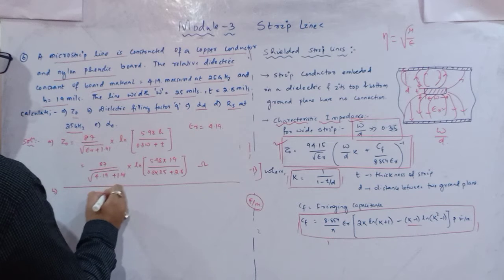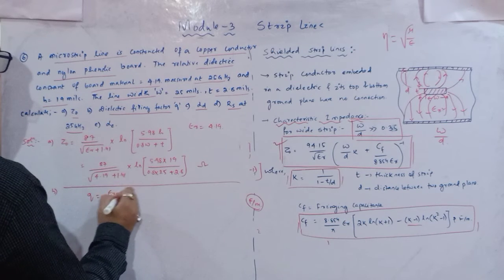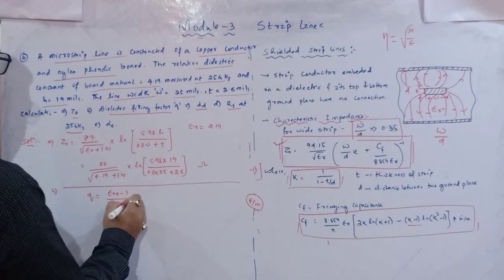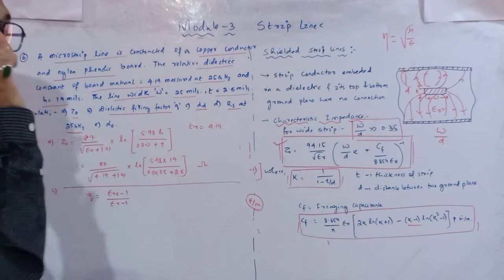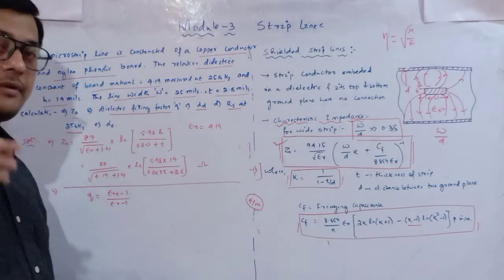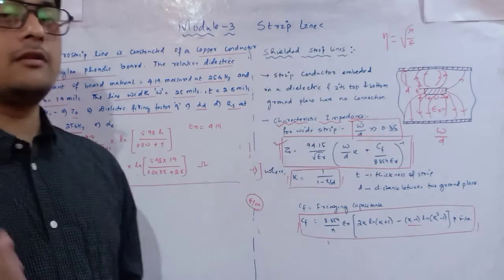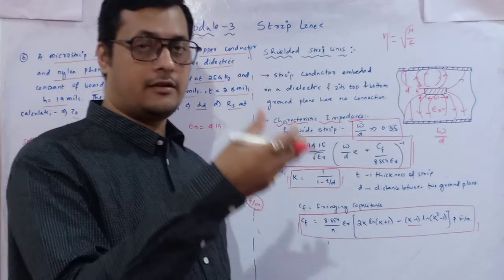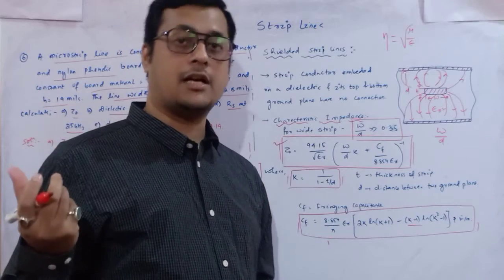Okay, so Q is equal to epsilon Re minus 1 divided by epsilon R minus 1. Epsilon Re is the relative effective permittivity. Relative effective permittivity means it will include the dielectric value with respect to the conductor.